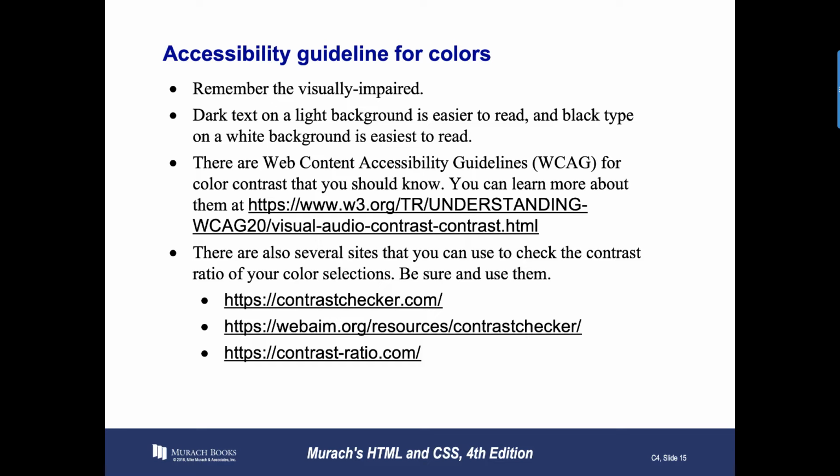Now, there's something called WCAG, Web Content Accessibility Guidelines, for color contrast. I highly recommend that you go visit that link and see what some of the guidelines are. More and more organizations are asking web developers to develop their code such that it's accessible.